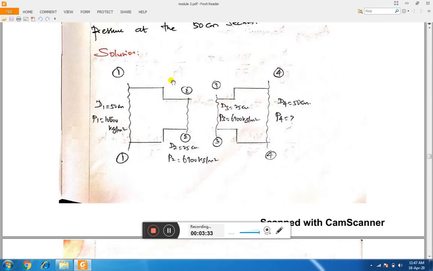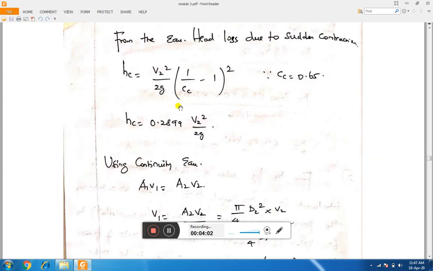When there is a sudden contraction, one velocity V1 will be prevailing in the bigger diameter, before reduction, and there will be another velocity at section 2, the velocity after contraction, that is the reduced section velocity. So V2 here indicates the velocity at the contracted section. It is not before contraction, it is after contraction.